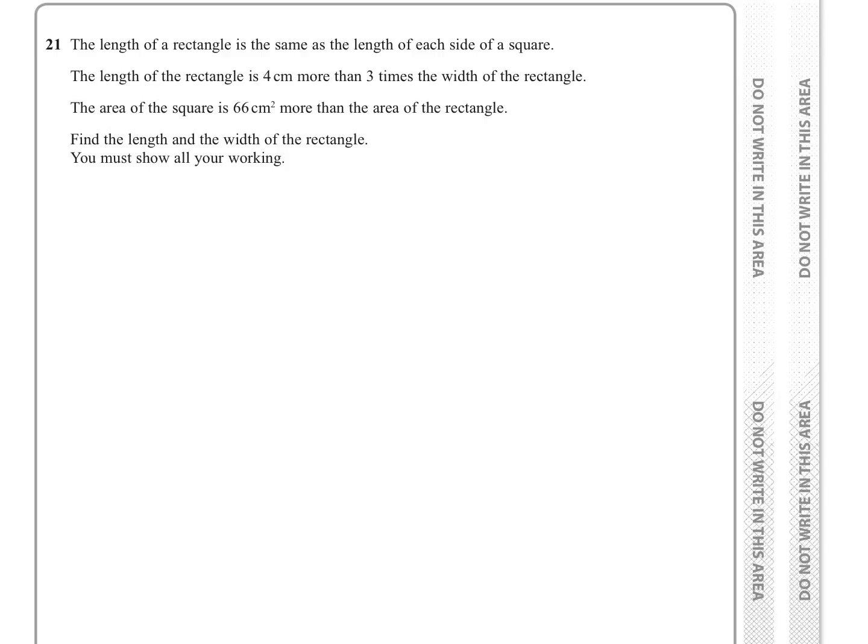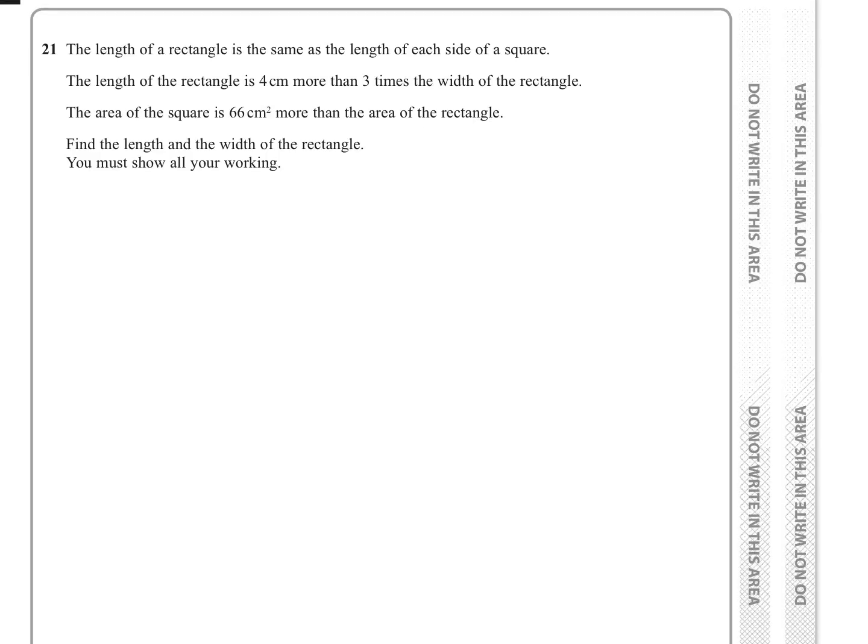Question 21. It says the length of a rectangle, so let's draw this rectangle out. It says the length of that rectangle, let's call it L, is the same as the length of each side of a square.